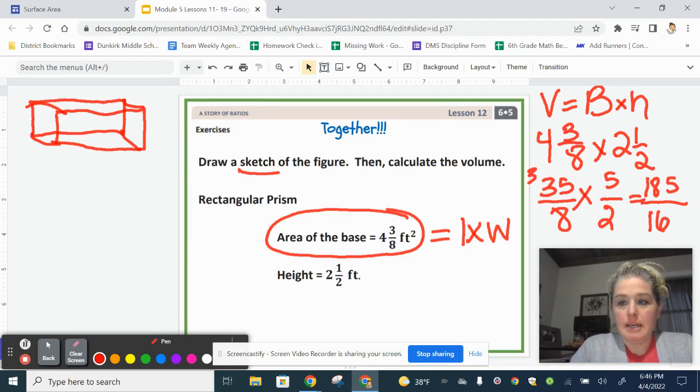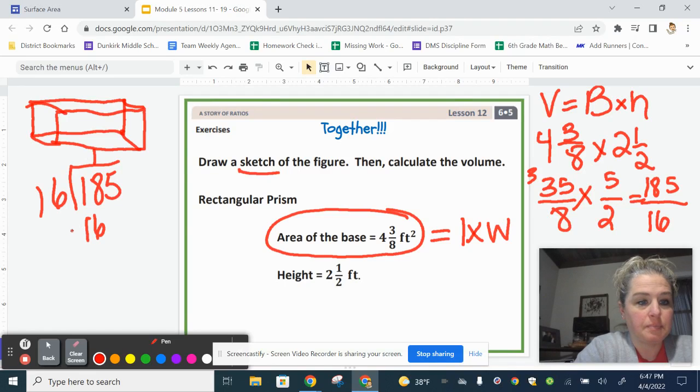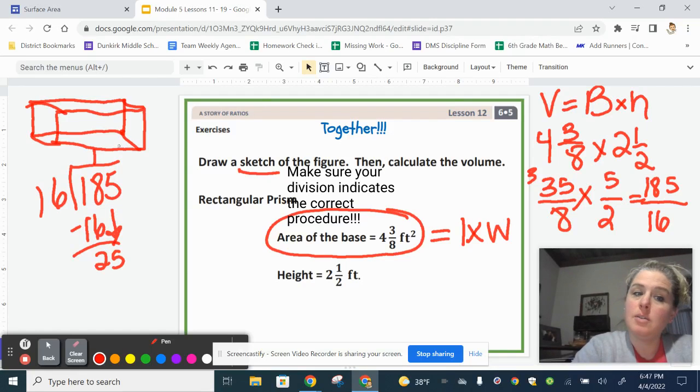Okay, now I'm going to convert that back. I'll do that over here. 185 divided by 16. Goes in once. Bring down that 5. Still only goes in once because I know 16 times 2 is 32.